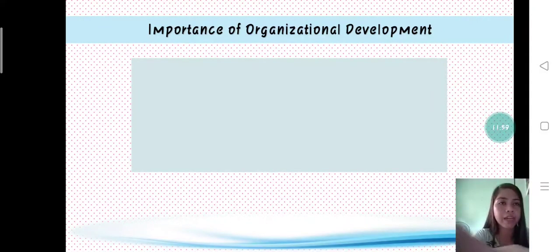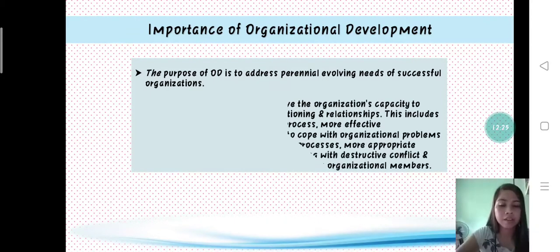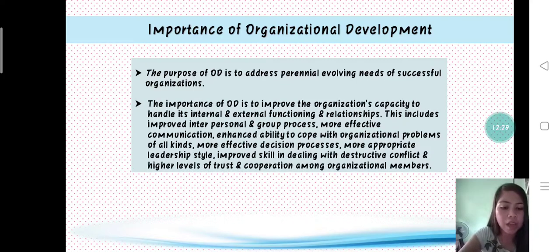So, let us also discuss the importance of organizational development. The purpose of OD is to address the perennial evolving needs of a successful organization. Di ba? This is a very helpful technique because it really addresses the perennial evolving needs of a successful organization. And the importance of OD is to improve the organization's capacity to handle its internal and external functioning and relationships.